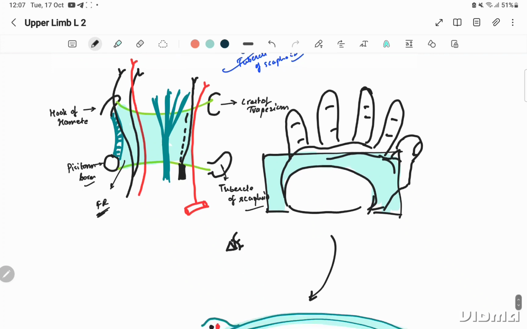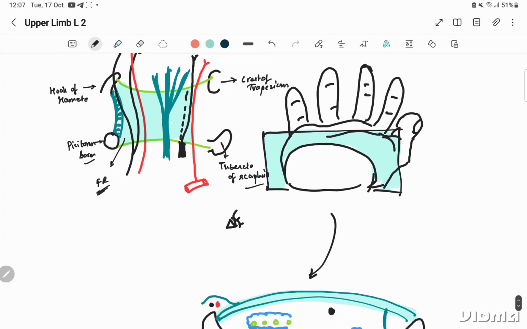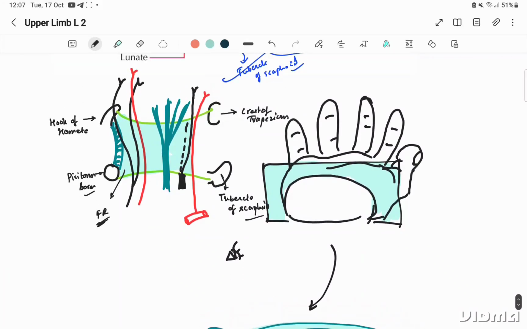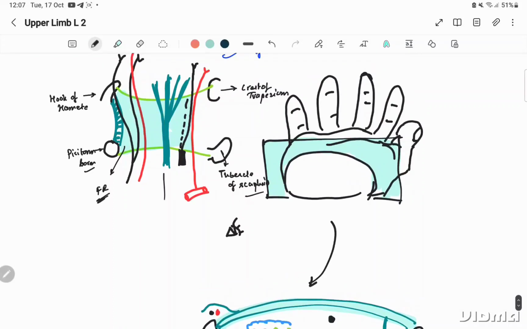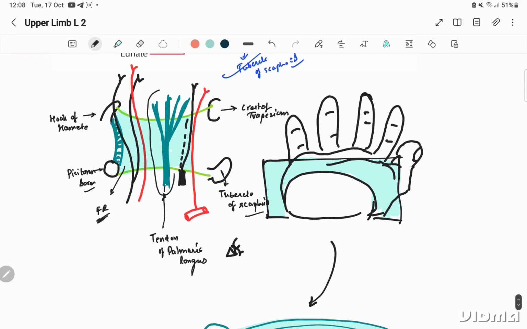Okay, and these all are the things that are present here. We have the tendon of palmaris longus. This whole thing is the tendon of palmaris longus.